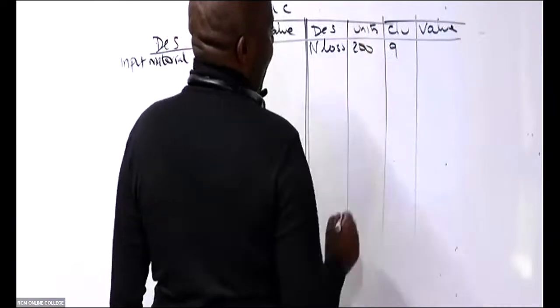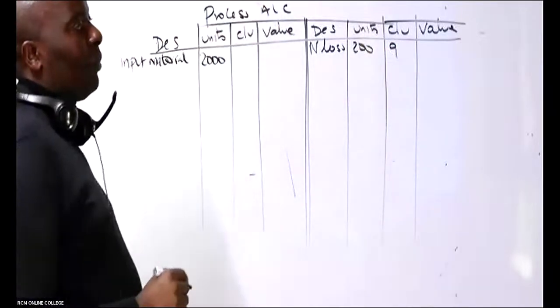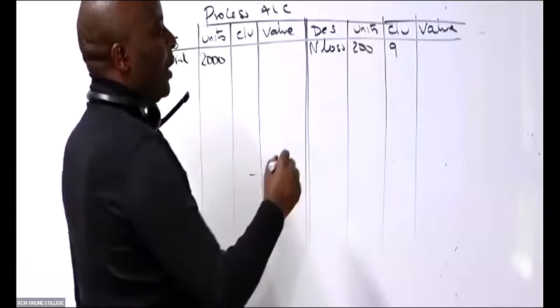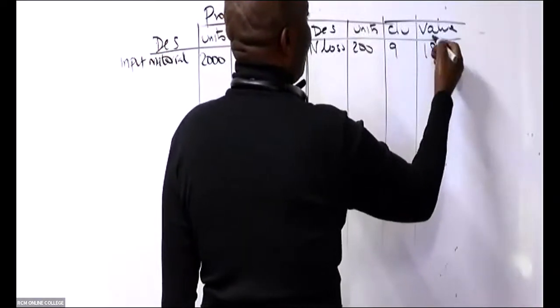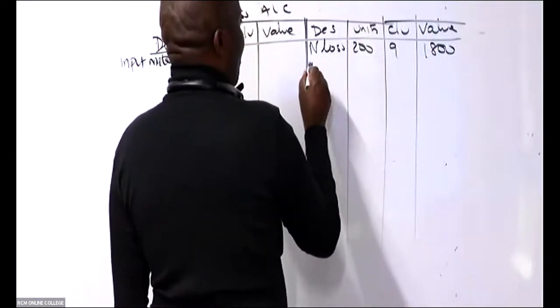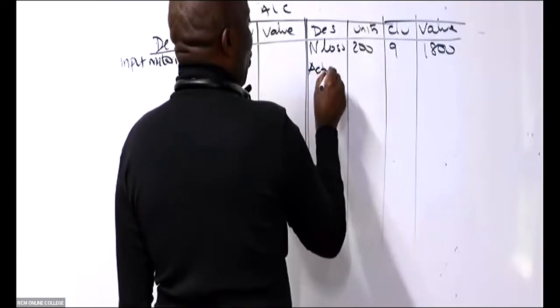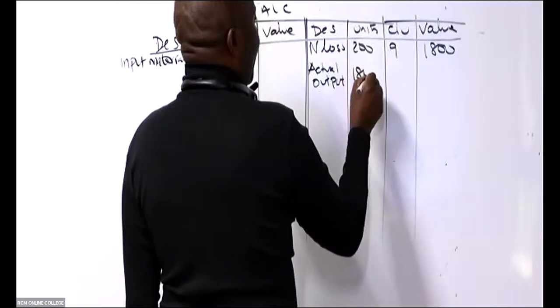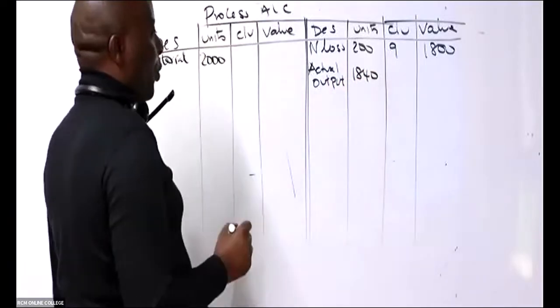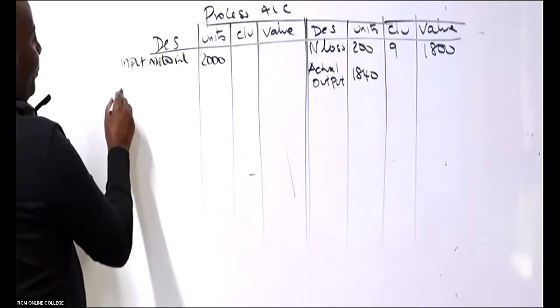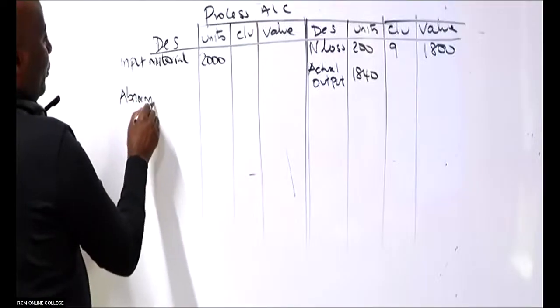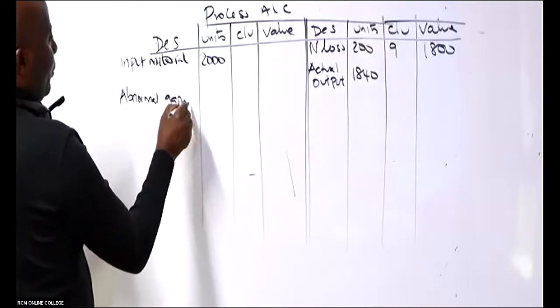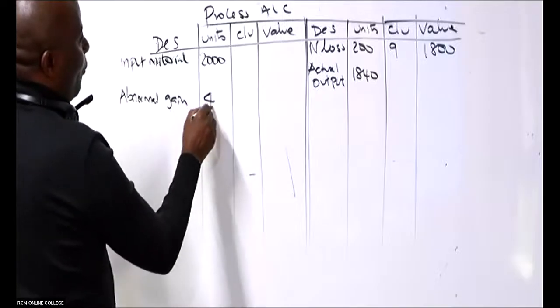And they have told us we are scrapping at 9 bob still, so 200 units at 9 gives me 1800. We have in this case the actual output of 1840. We have an abnormal gain of 40.